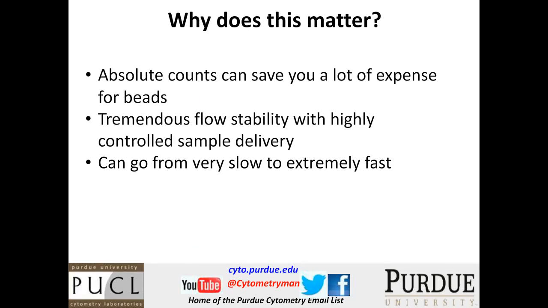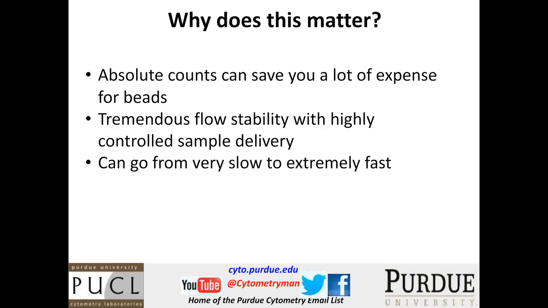So again, let me ask the same question. Why does it matter? Why do I care? Well, absolute counts will actually save a lot of money. If you don't have an instrument that does absolute counts, then you'll have to buy expensive beads and calibrate those beads.